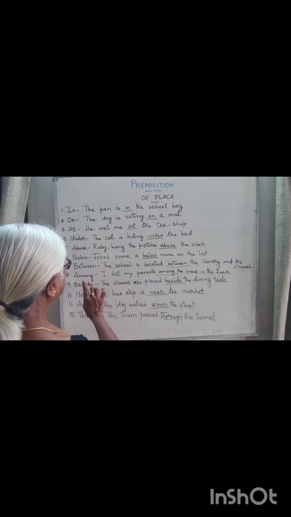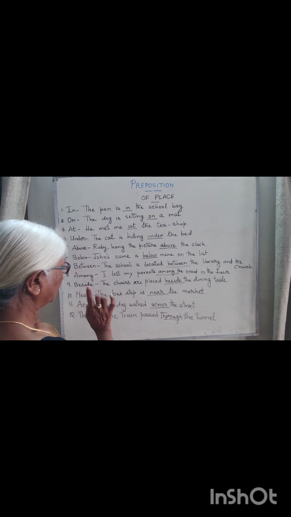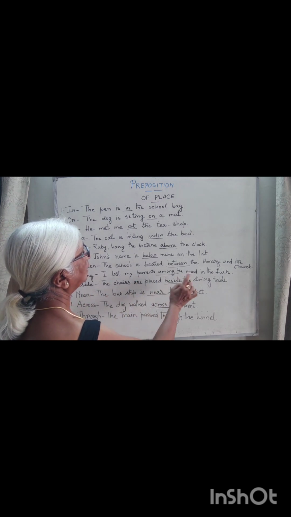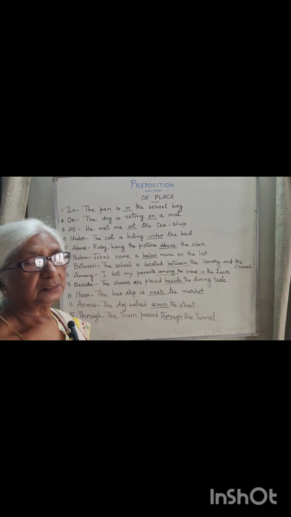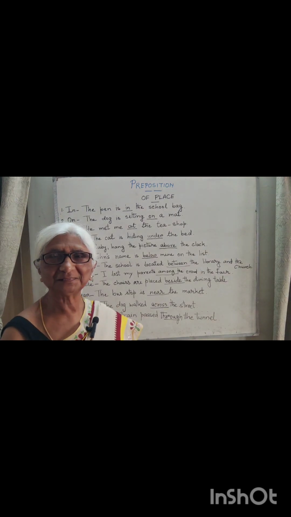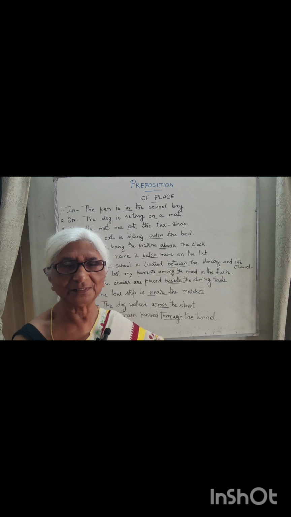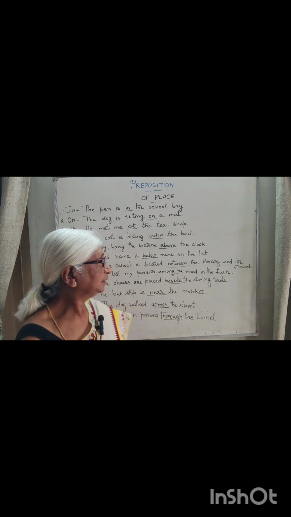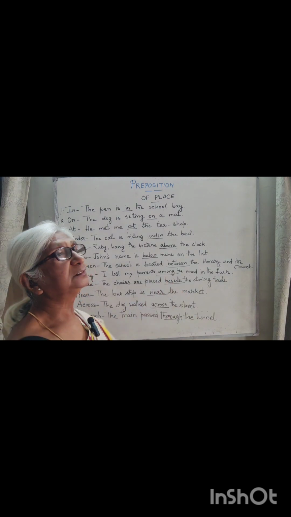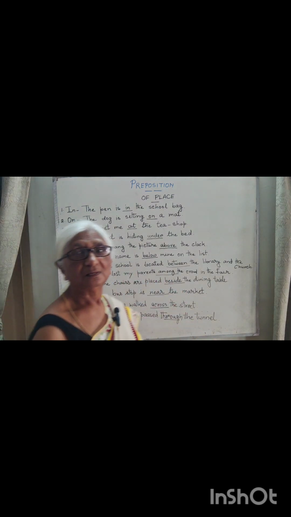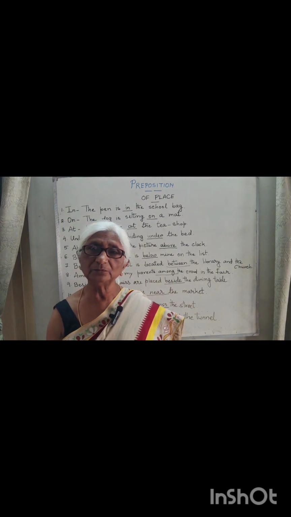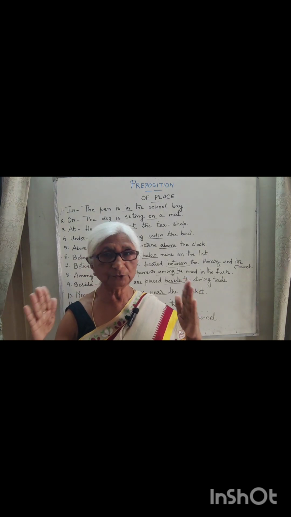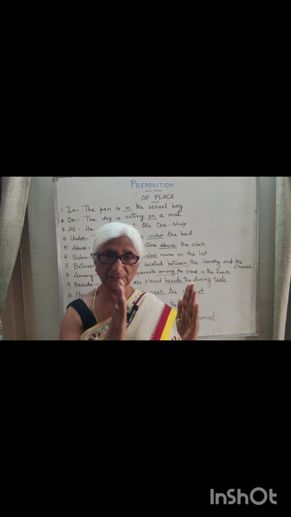Okay. Then we come to among. Among, I lost my parents among the crowd in the fair. Now here, those who have already read the lost child story, you already know the child had lost his parents among the crowd. Now here, among the crowd means there were so many people moving about. So there is no counting of two. Two will be between.